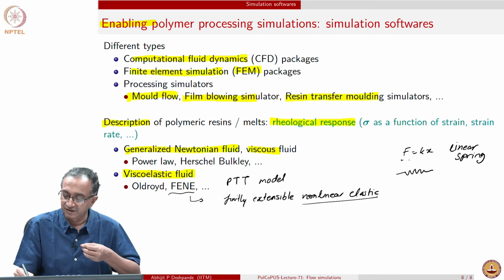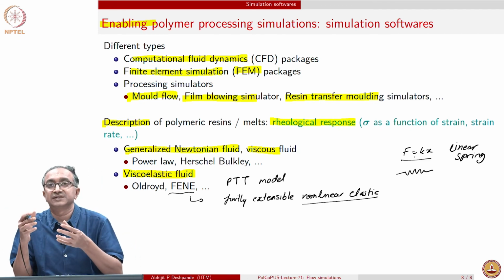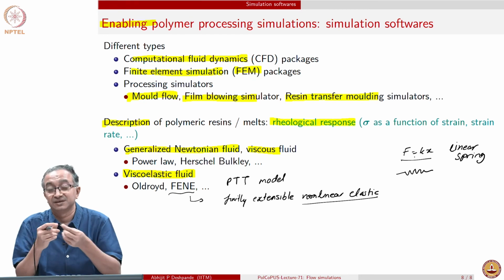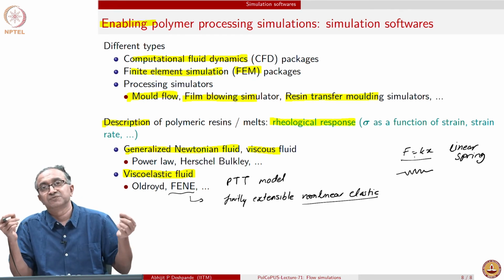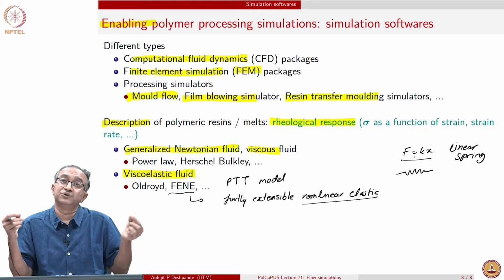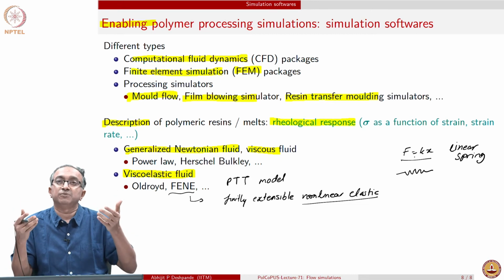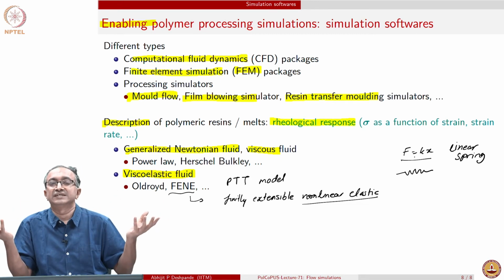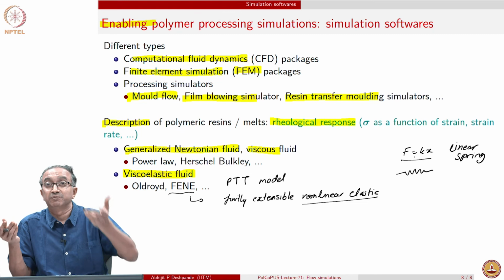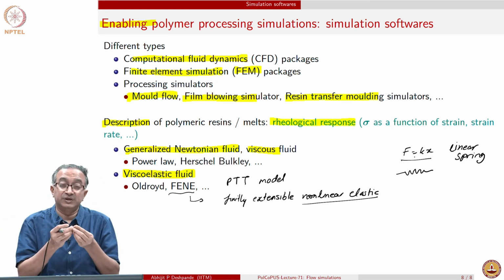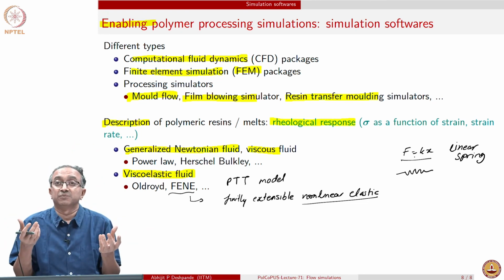So, it is not a very good representation to show it as a linear spring, where the force keeps on increasing as you keep stretching, because you cannot continue to stretch the polymer forever. As you lead to the fully extended conformation of the polymer chain, no further extension is possible. Therefore, the force must increase and eventually it should lead to the breakup of the polymer molecule.